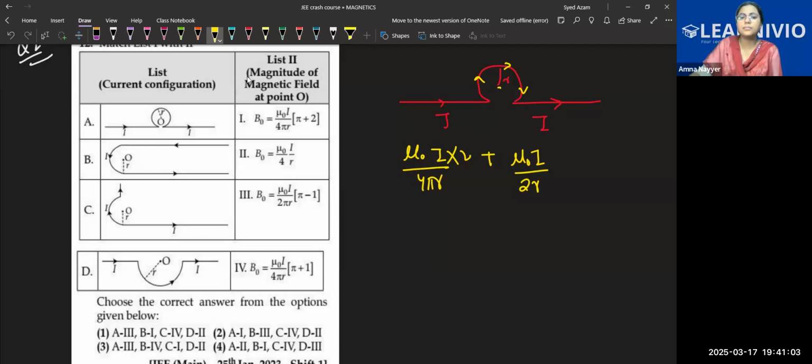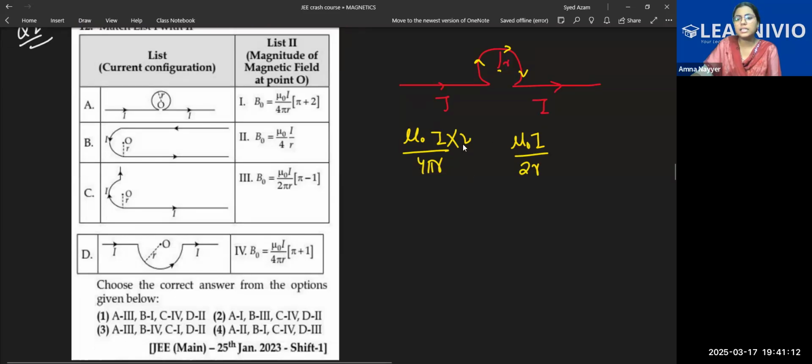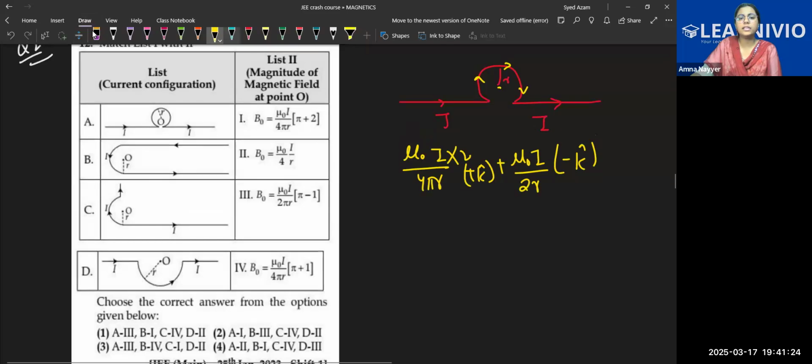So this will get subtracted. See, later on you can do the matching. This will become plus k cap, and this will become minus k cap. Like this you can subtract. I think the third will be the option. Yes, when you take the common, this will be option third.